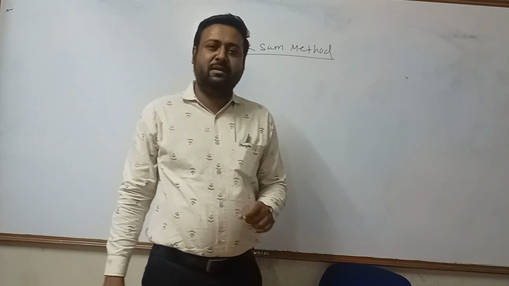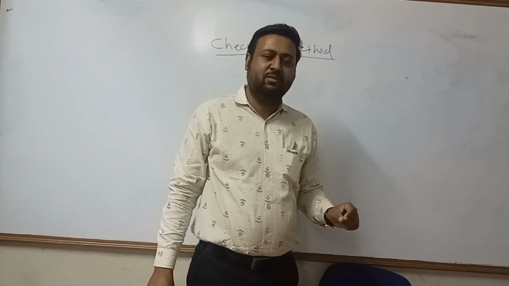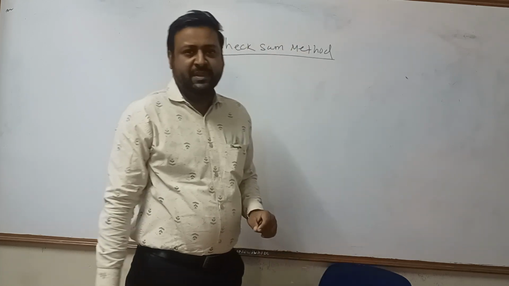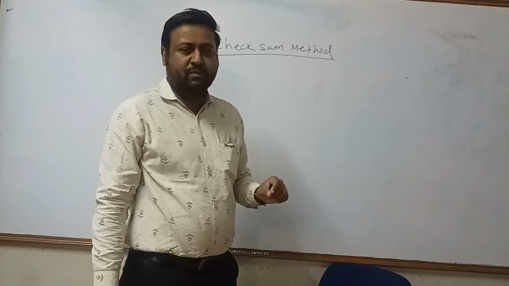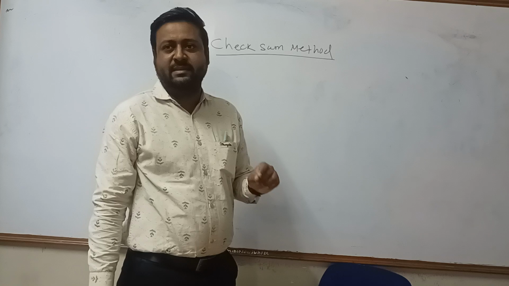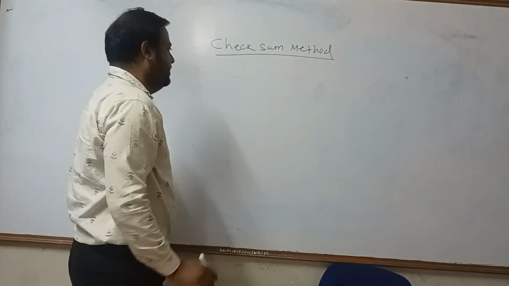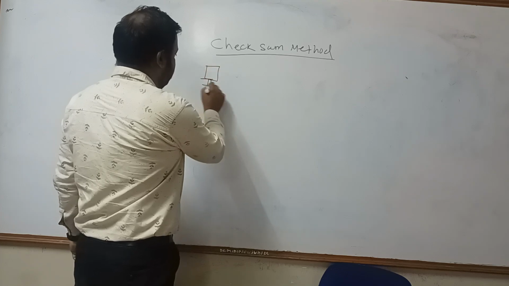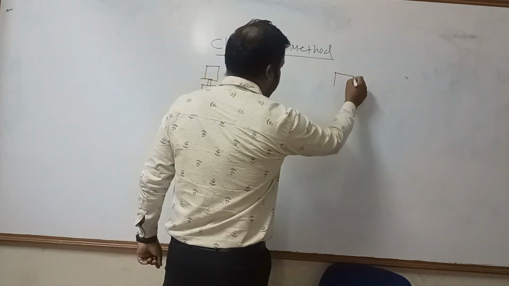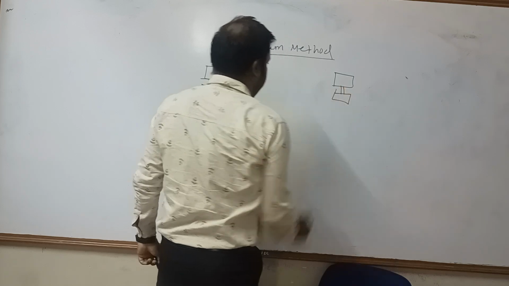So when the sender is trying to send any piece of data to the receiver, in this scheme the data is only verified, whether there is any error or not. That is an error detection method. So whatever may be the data, suppose at this end the sender is there and at this end the receiver is there.